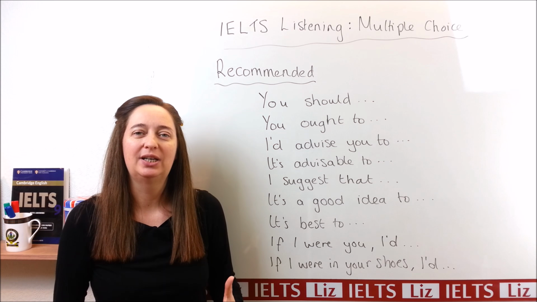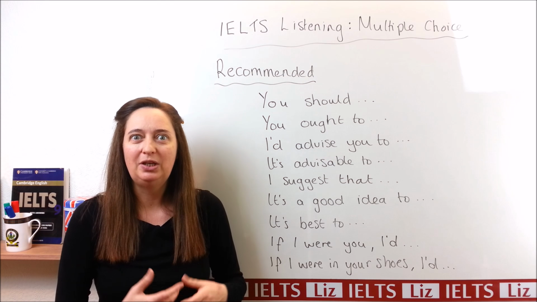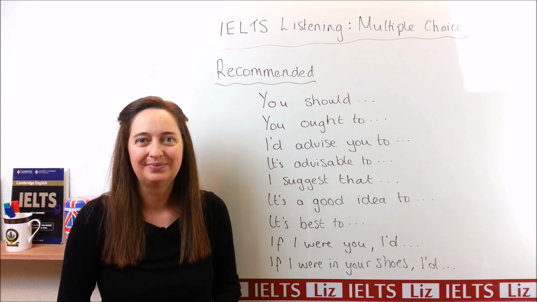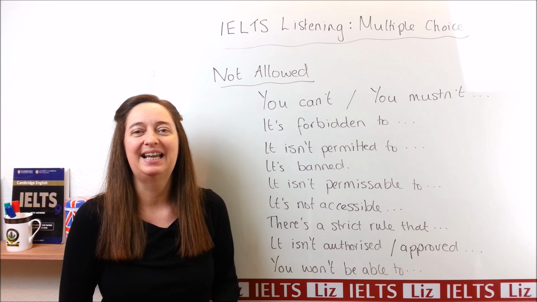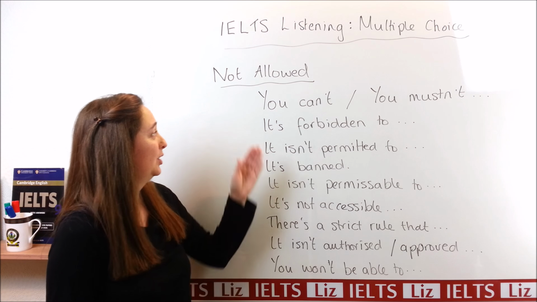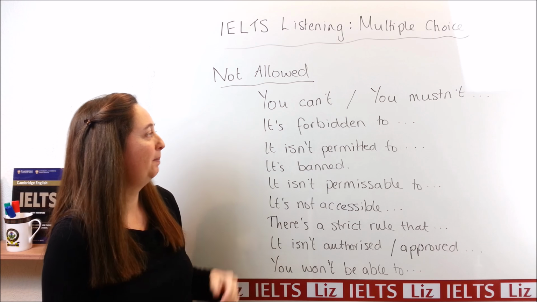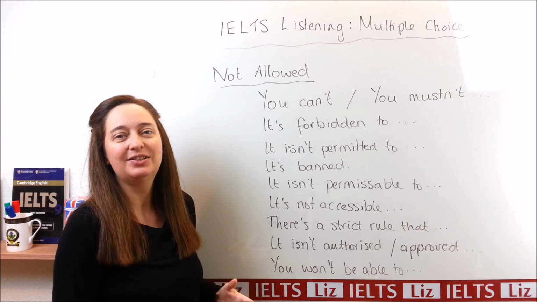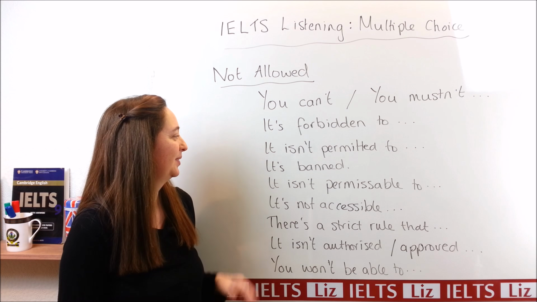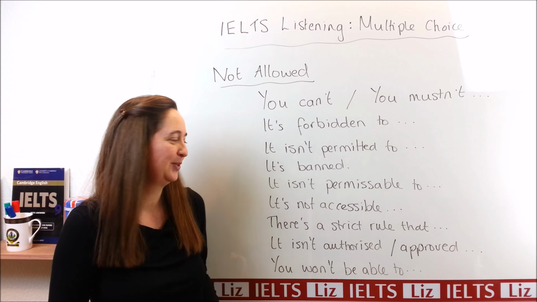Now let's have a look at paraphrases for being allowed to do something, so something you can or can't do. There are many different ways to say that something is not allowed. You could say you can't or you mustn't. It's forbidden to. It isn't permitted to. It's banned. It isn't permissible to.